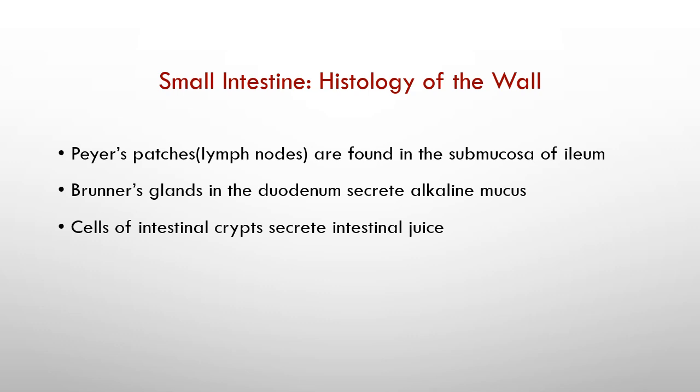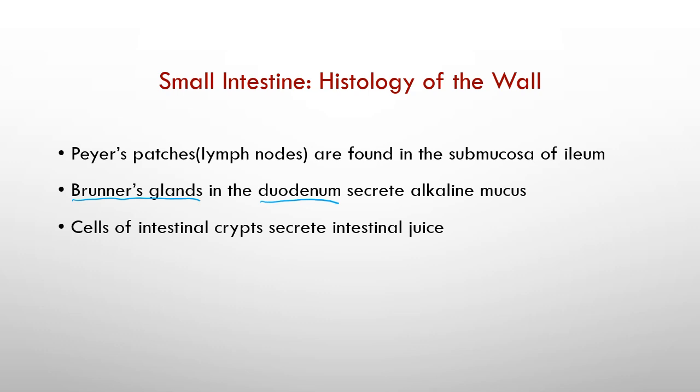As we move deeper into the small intestines, again, the only way really to tell an individual segment apart from the rest in terms of the small intestines is to look at it under a microscope. And so when it comes to the duodenum, the duodenum has some special glands called Brunner's glands or duodenal glands.